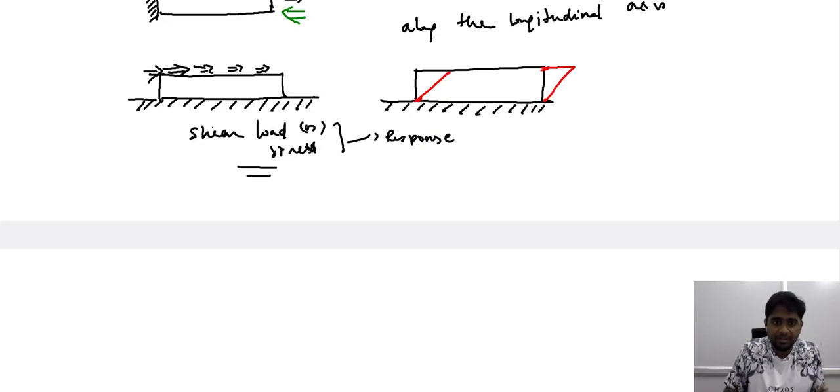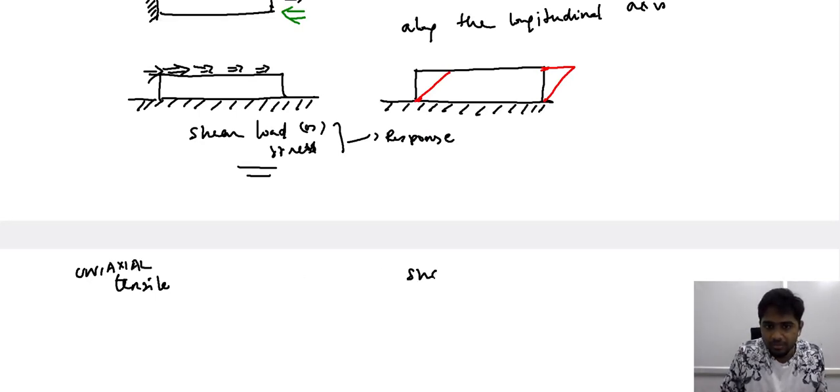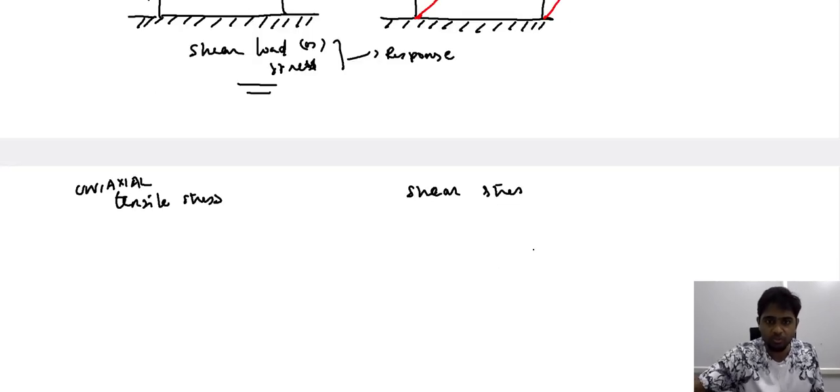So let us compare the response that we get during uniaxial tensile stress to that of shear stress. In one case you are imposing a uniaxial tensile stress, and in the other case you are imposing a shear stress, and we will compare the difference.